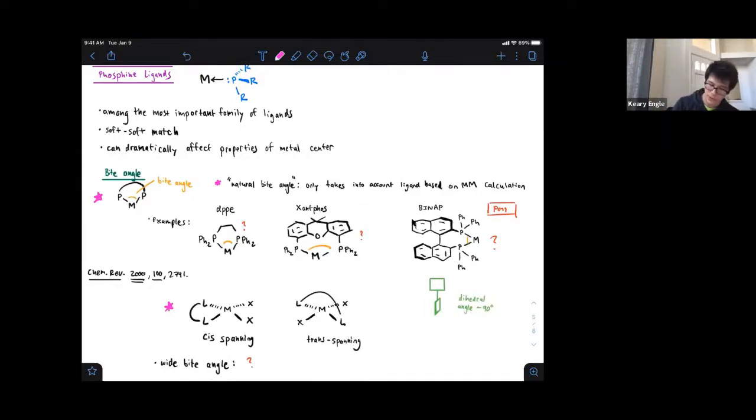So in this case, it's drawn as cis spanning fashion. So, okay, rank these three in order, and then we'll see how your intuition holds up.